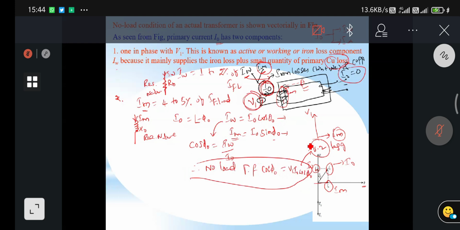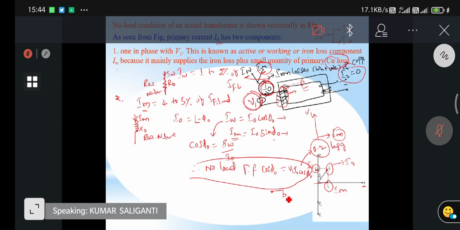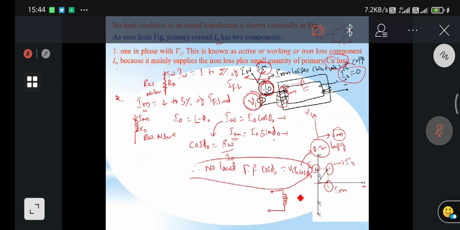So the exact symbol of a transformer will be like this. Generally it is called an air core transformer. Suppose if you take these two cores, this is the iron core transformer.